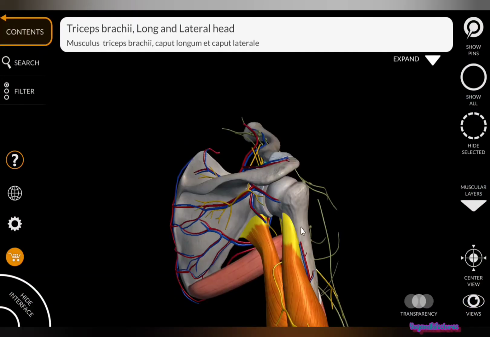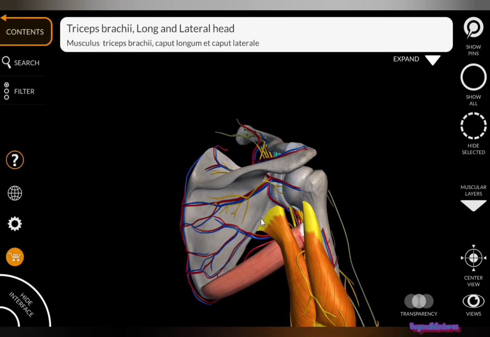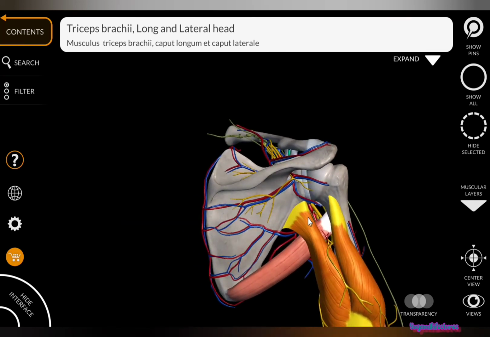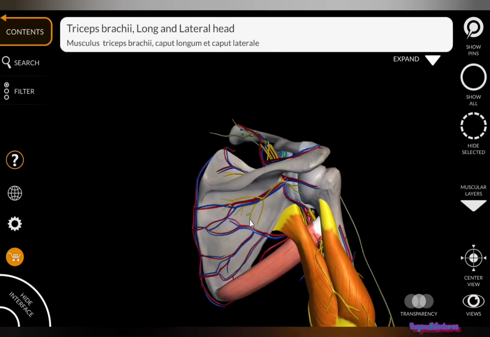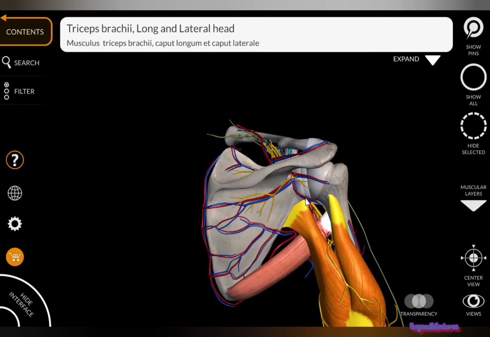So the next muscle is the triceps brachii. You can see the lateral head of triceps brachii, and this is the long head of triceps brachii. So the long head takes origin from the inferior glenoid tubercle, that is the infraglenoid tubercle. So you can see here, this is the long head of triceps brachii.